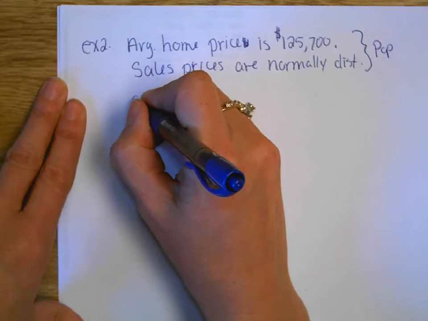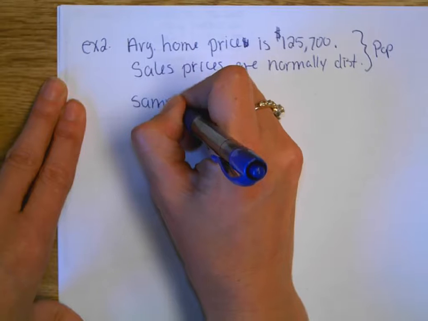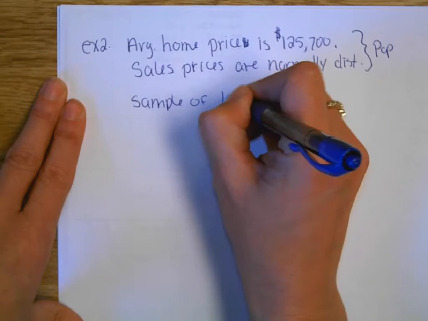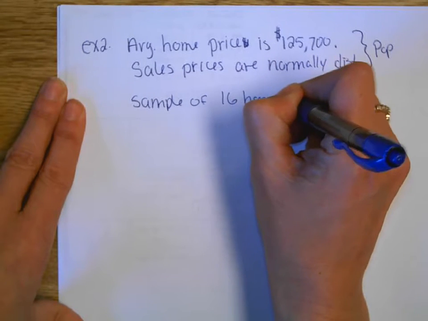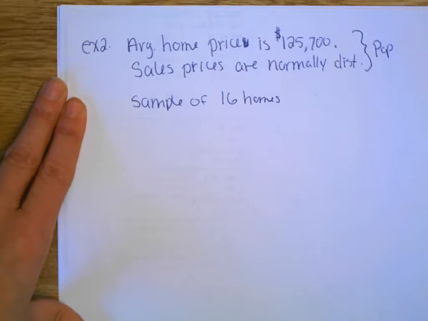You are going to take a sample of 16 homes and average the selling prices together. So you're going to take all different 16 prices, average them together so you have one number.